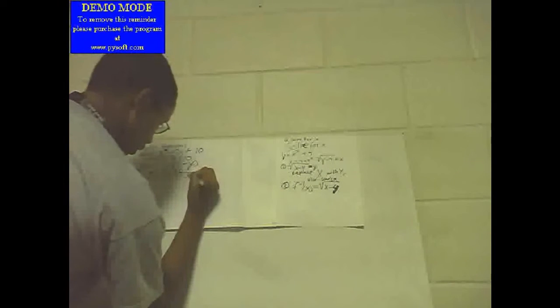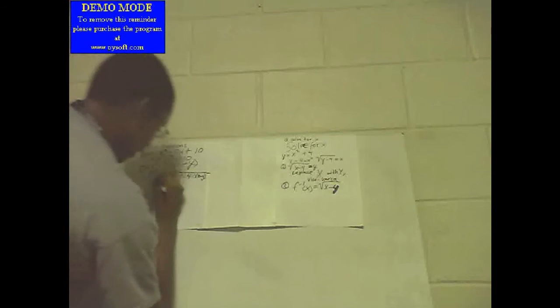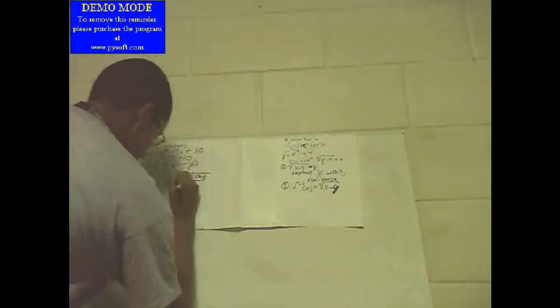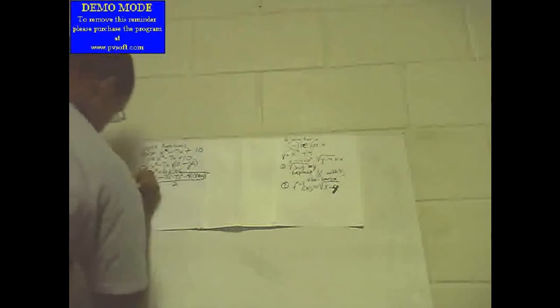And our c value is 10 minus y, so times 10 minus y. All of that over 2 times a. A equals 1, so that makes it really simple: 2 on the bottom. All this equals x.